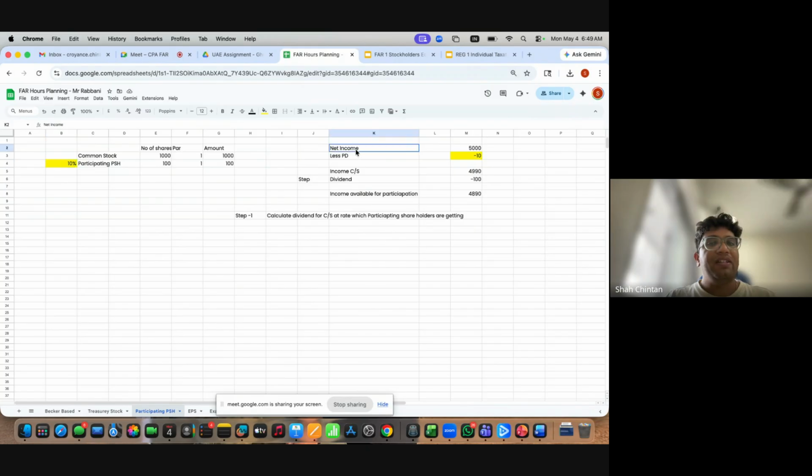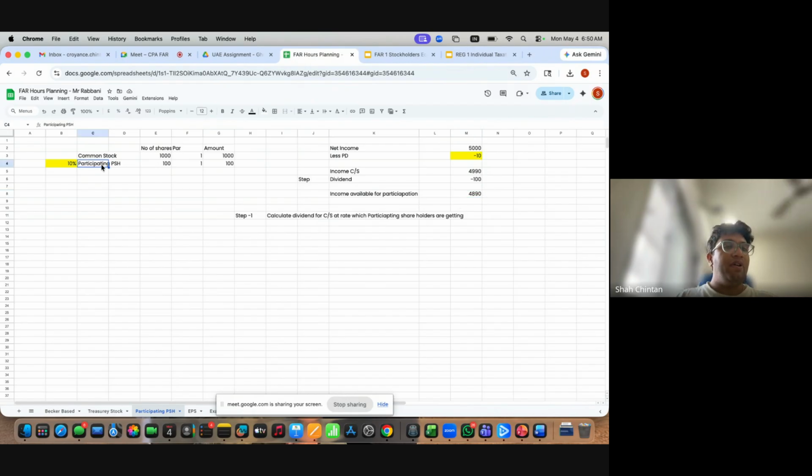So हमने क्या किया, जितनी भी इनकम अर्न की थी पहले दोनों शेयर होल्डर्स को 10% दे दी है. Why 10%? Because participating वालों को 10% मिला as per contract. तो हमने क्या बोला कि कॉमन शेयर्स वालों को भी 10% देके उनको एक लेवल पर लेके आ जाओ. Now what is left? $4,890. This is the income जहां पर दोनों का अब राइट है.